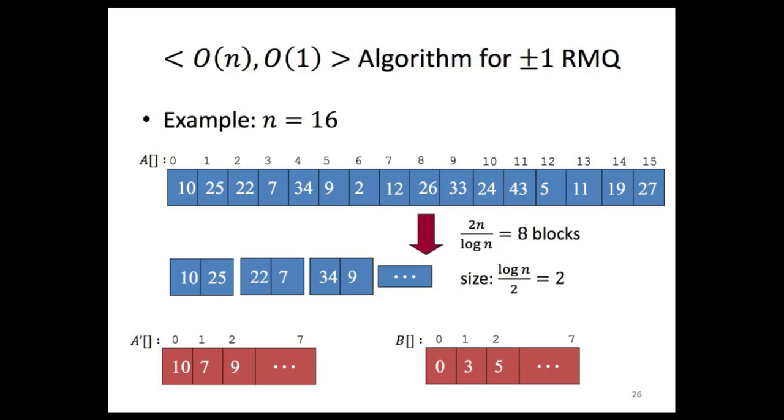So, 10 is at the 0th position. So if I was to ask you, what is the minimum from 0 to 1, the range minimum query from 0 to 1, then you would just go to the 0th position in B, and you would know the answer instantly.